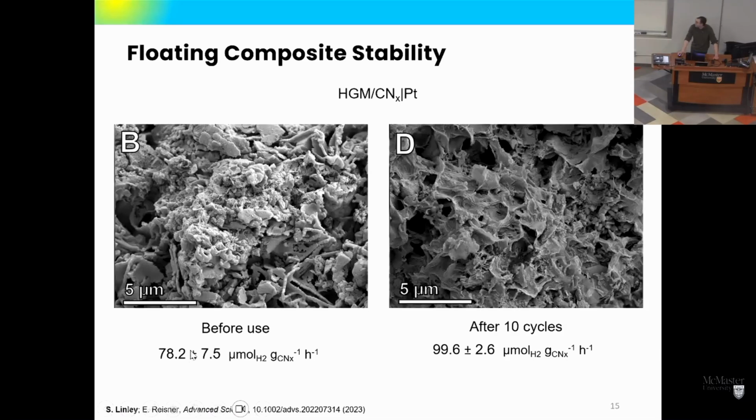We're still able to get the same or perhaps even better activity from that carbon nitride platinum composite. The reason that our overall activity is declining in our batch reactor is because we're losing material cycle after cycle. So we need a better way of maintaining that activity.